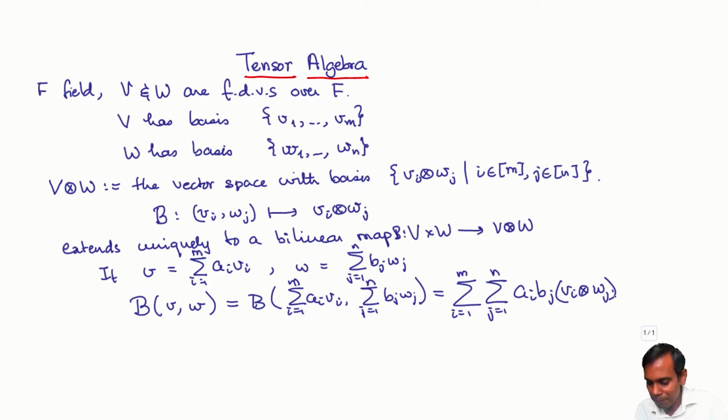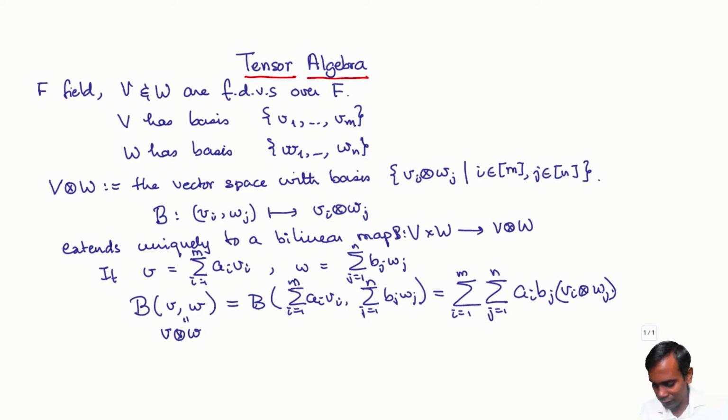This is not a linear map, it's a bilinear map. And it's also not a surjective map. Not every vector in V tensor W is of the form B of (v, w). And this B of (v, w) is usually denoted by v tensor w.